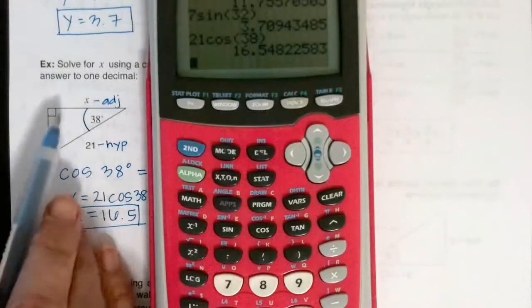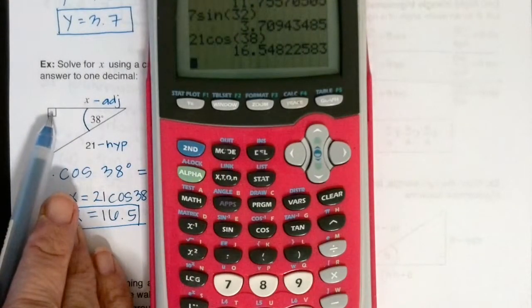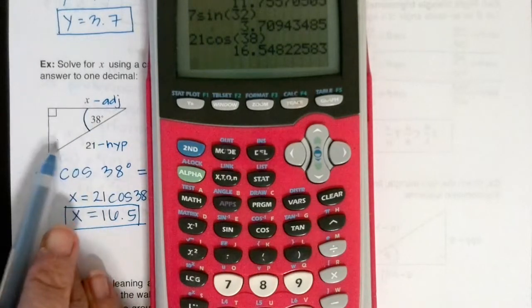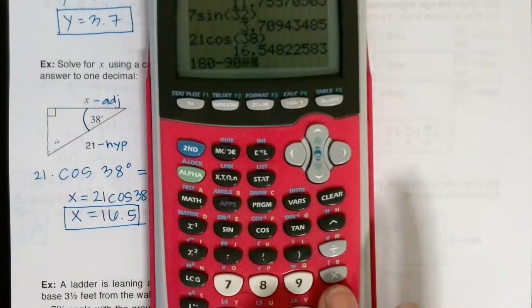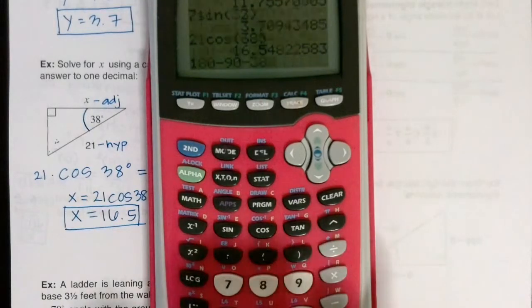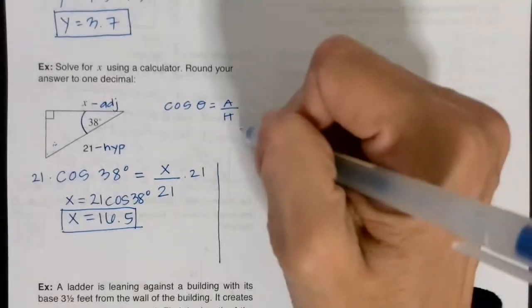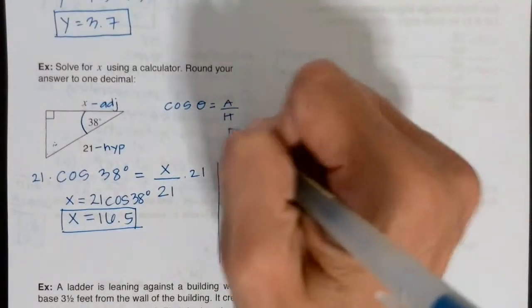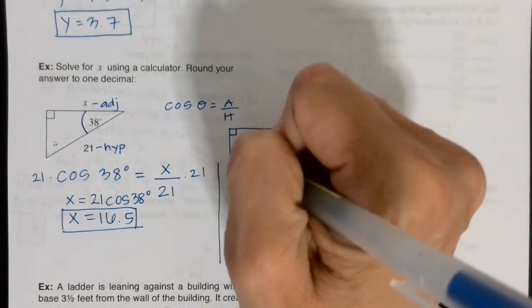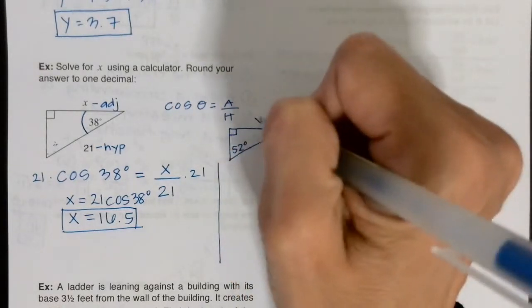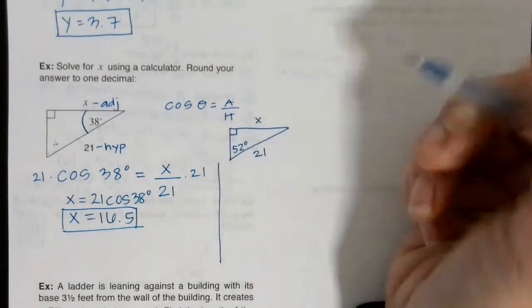So if this is 90 and this is 38, I can find the missing angle even though it's not marked by subtracting. So this angle here is actually 52 degrees. I'm drawing a separate triangle just because I want you guys to see it this way. So this is 52 degrees, this is x, and this is 21.